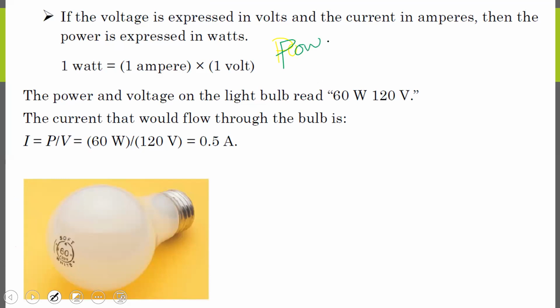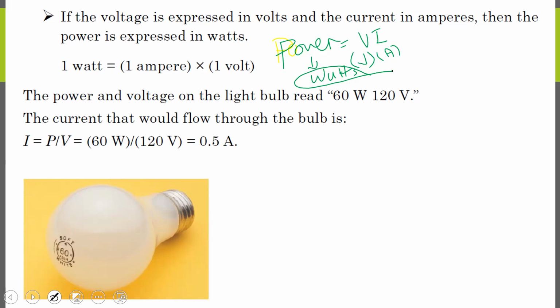We said before that the power is V times I. V is in volts, the unit of I is the ampere. So volt times ampere, the unit of the power, we call it watts. So the unit of the power is the watt, where one watt is 1 ampere times 1 volt.